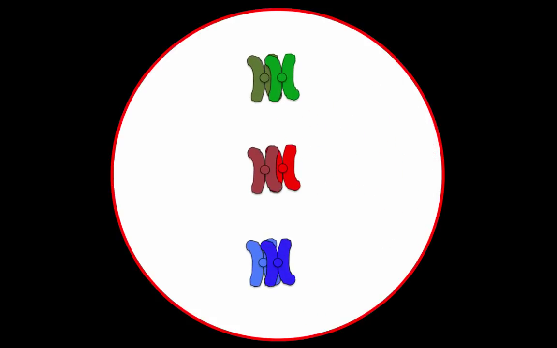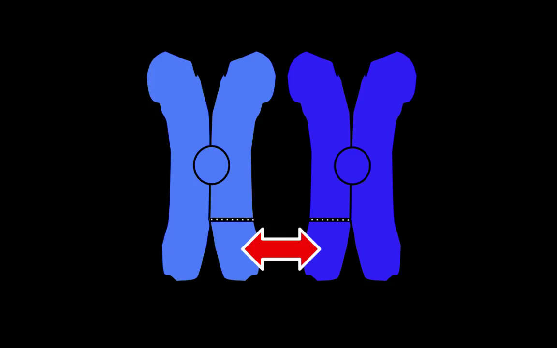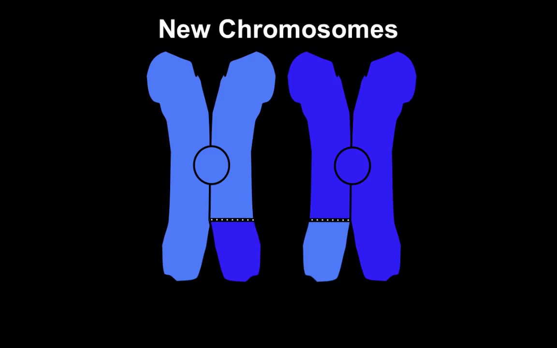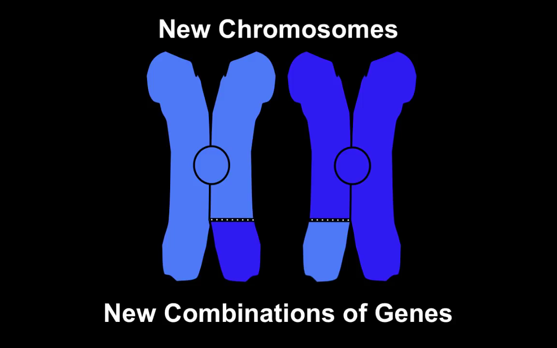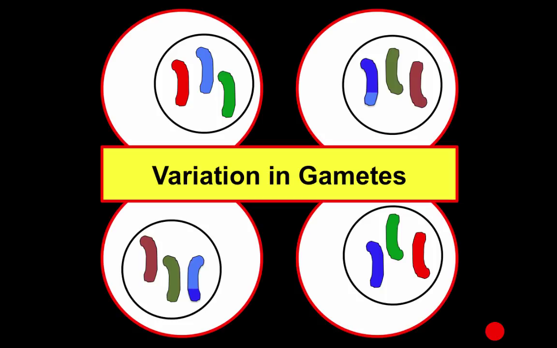So here in meiosis I, when they're lined up, some of the chromosomes are actually going to flip sections of their DNA. This means that we have entirely new chromosomes and entirely new combinations of genes. So this ability to mix some genes up a little bit helps to increase diversity. So here we have variation in our gametes as a result of crossing over. All of them are slightly different.